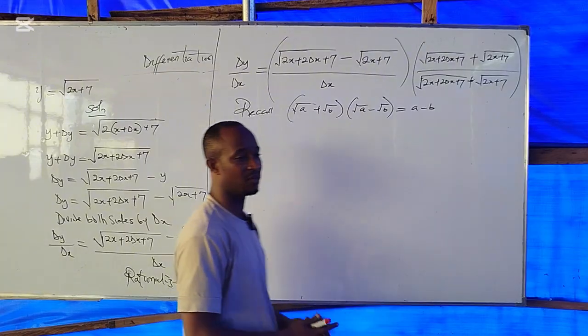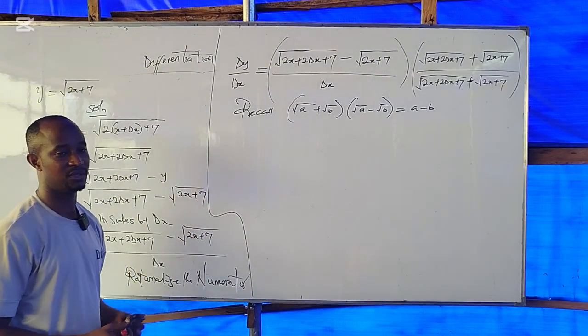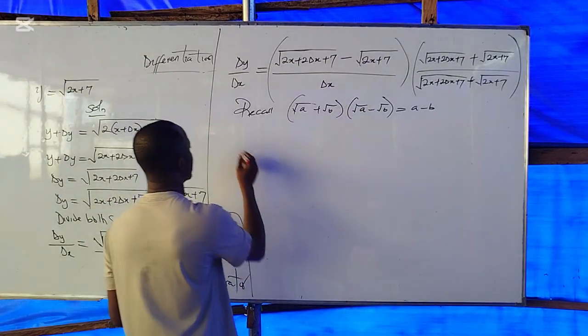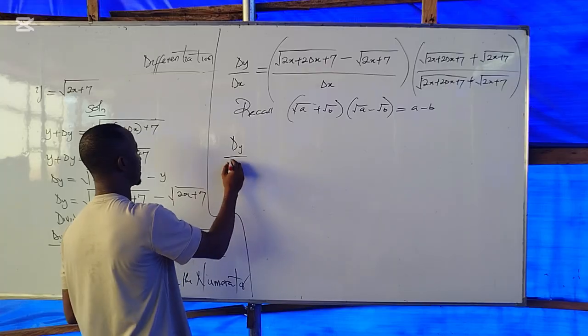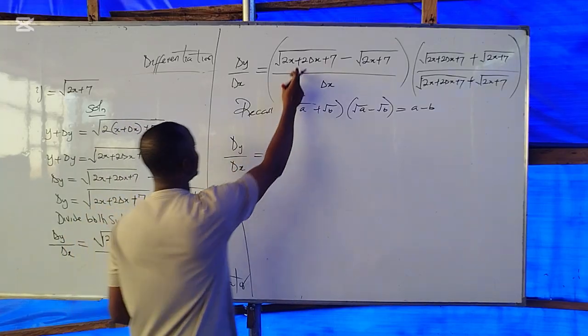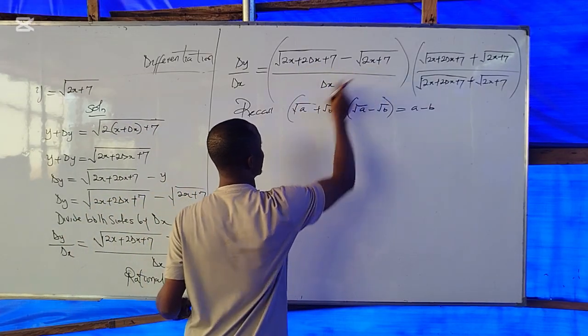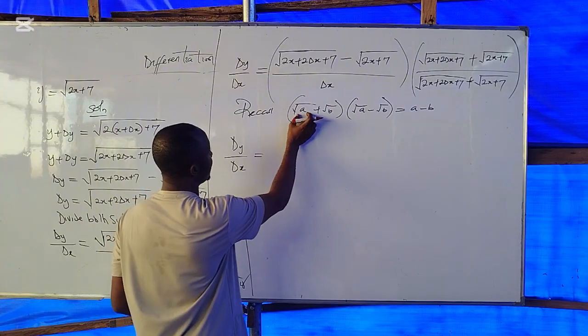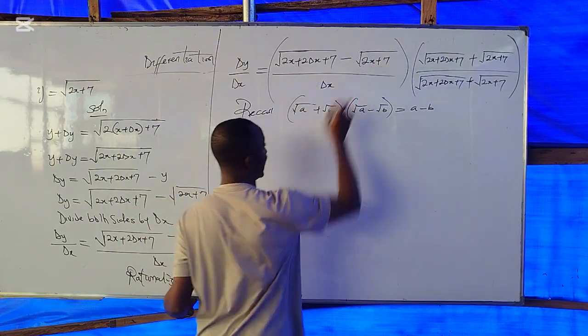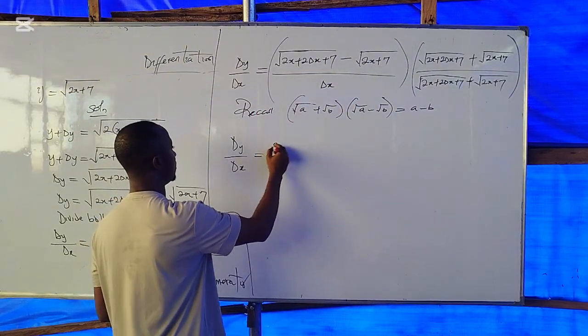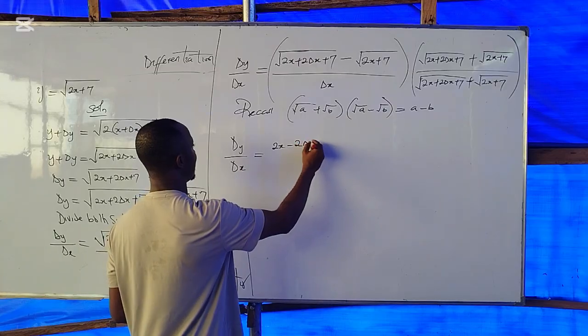They must be different. You must find the conjugate. Do you understand? So delta y over delta x, that means this minus this. What's that a here? These are a. What's that b? This. So let's go: 2x plus 2 delta x.